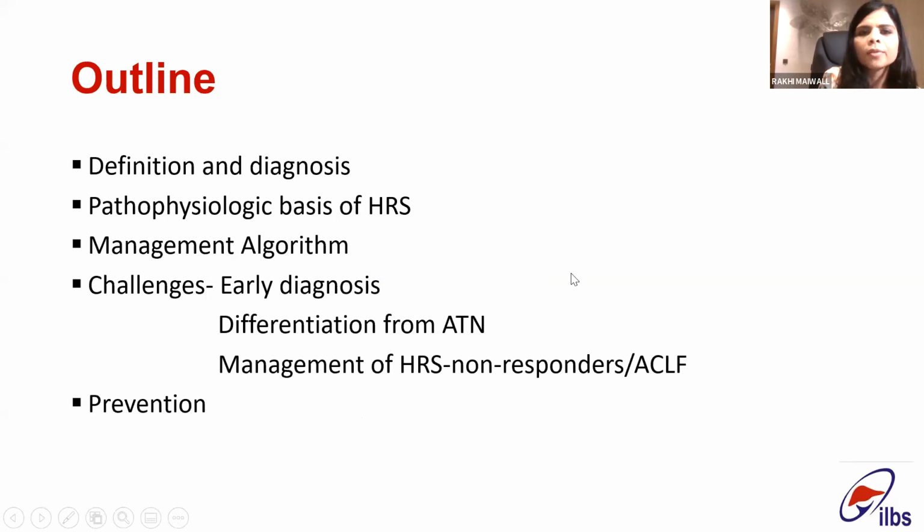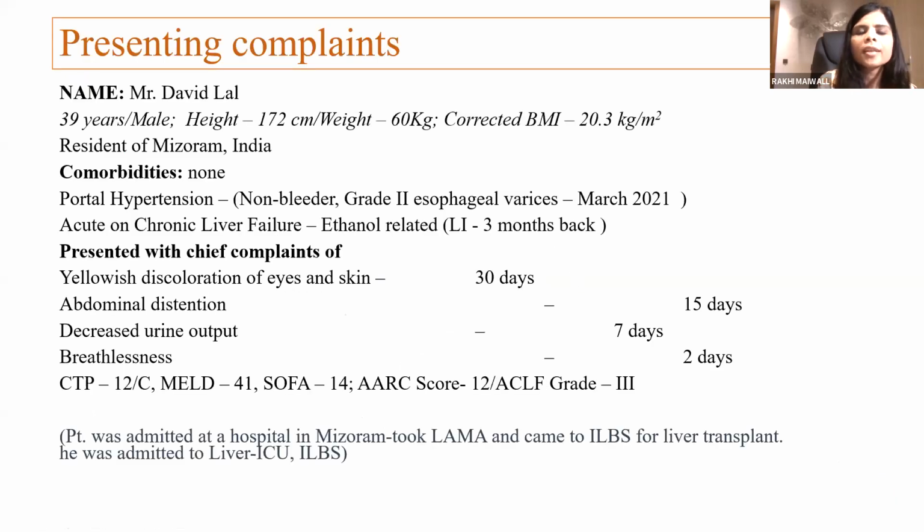Because the talk is about current concepts, and very recently the concept of inflammation or infection-driven HRS, how do we diagnose, how do we use the biomarkers, and how do we manage these patients? Therefore, I chose this case of acute on chronic liver failure, a 39-year-old gentleman.